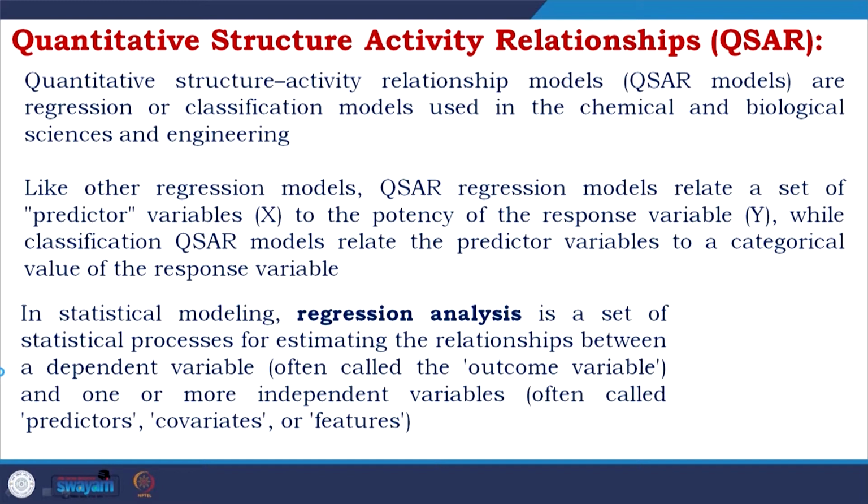Regression analysis is a set of statistical processes for estimating the relationship between a dependent variable, also called the outcome variable, and one or more independent variables, often called predictors, covariates or features. So, if you see the correlation here, among the randomly oriented points, we have a linear line which shows that they have a tendency.